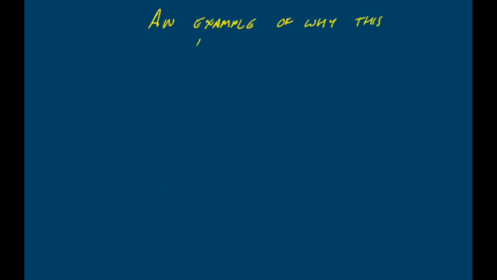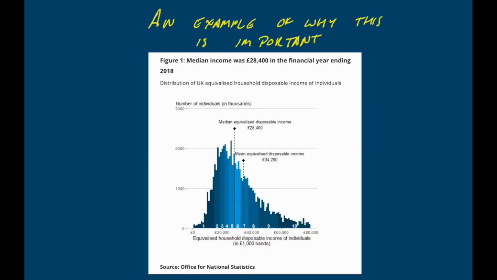Just to show you an example of why this is important, this frequency histogram here is data published by the UK Office for National Statistics, showing the distribution of household disposable income for individuals within households across the country.